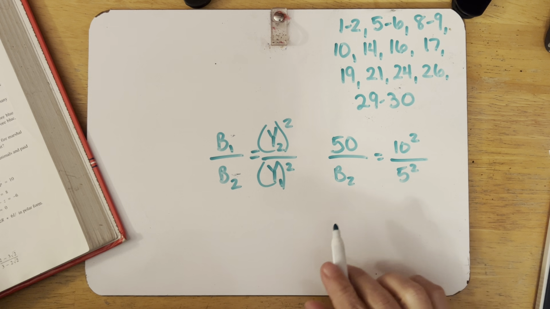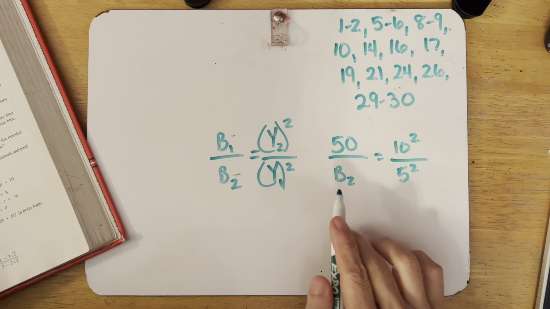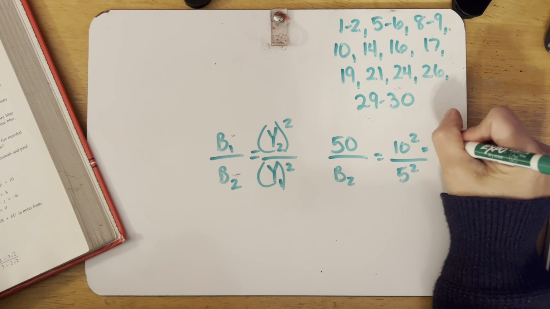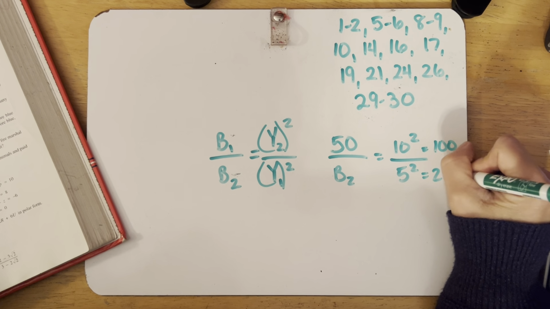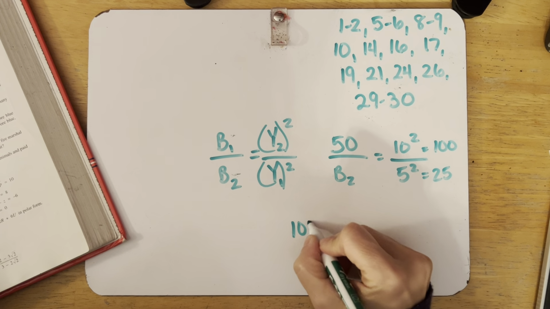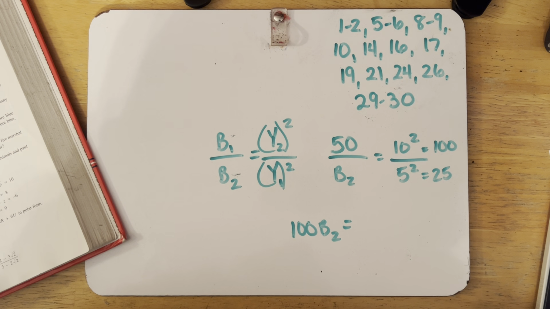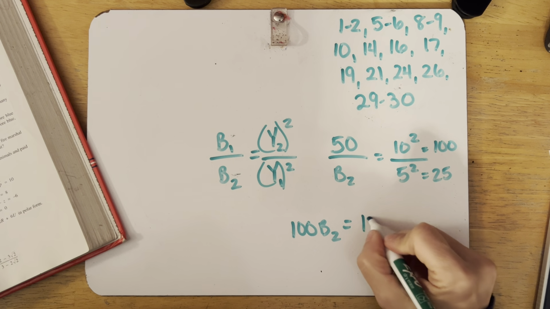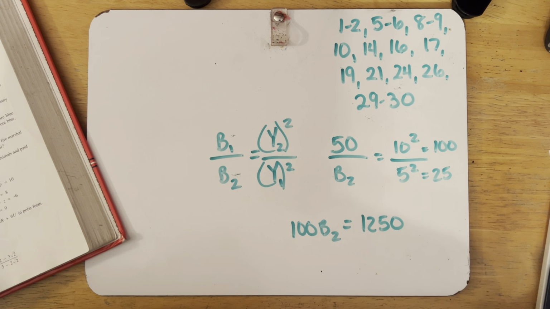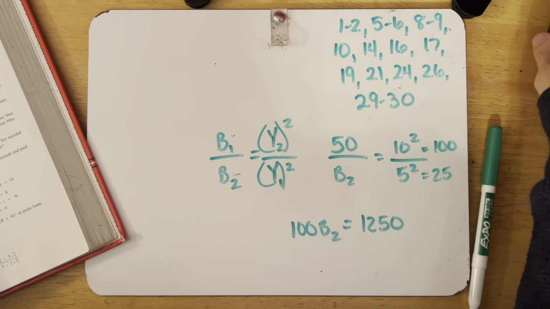Maybe not, maybe just a couple numbers are off. Okay, so I'm going to cross multiply. So I have 100 B2 equals 50 times 25, and then divide that by 100, and you have your answer for B2.